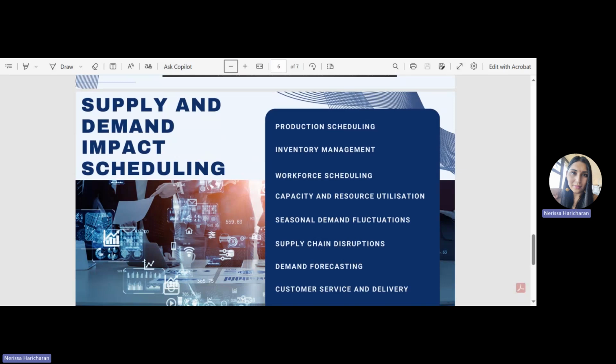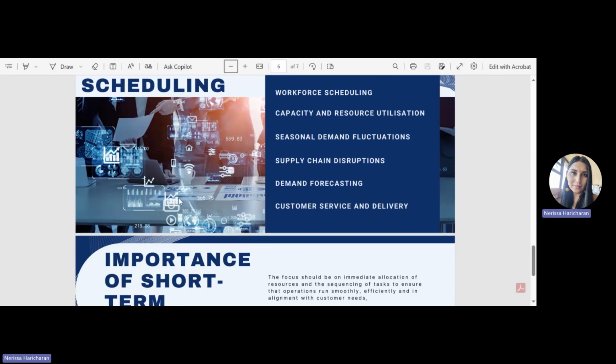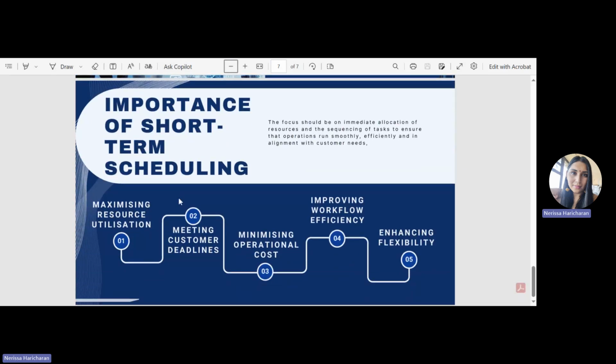When it's off peak, you now reduce the services. So in the courier industry or logistics industry, we call it a scalable solution. You either switch it on or you switch it off, and it doesn't cost you money to basically switch it off. Okay. And that is your supply and demand and how it impacts your scheduling.